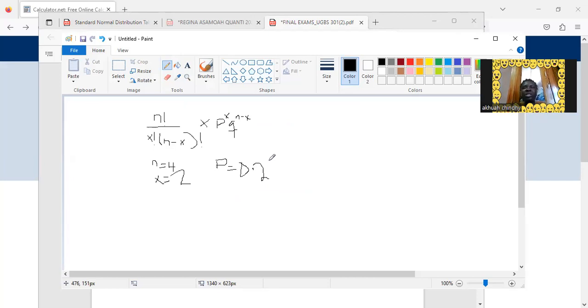So if we know that 20% is defective, then we have to know the probability of getting a non-defective HDTV. So q is equal to 1 minus p, and that is 1 minus 0.2, and that will give us 0.8.